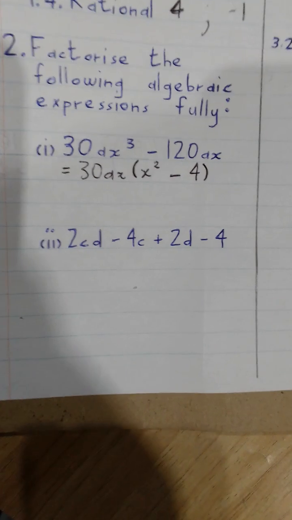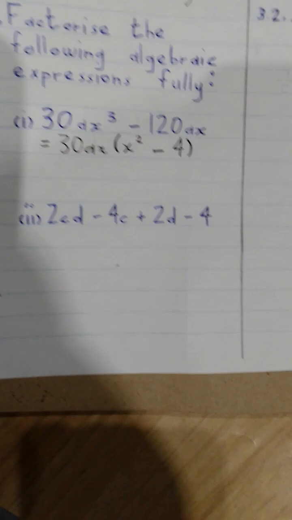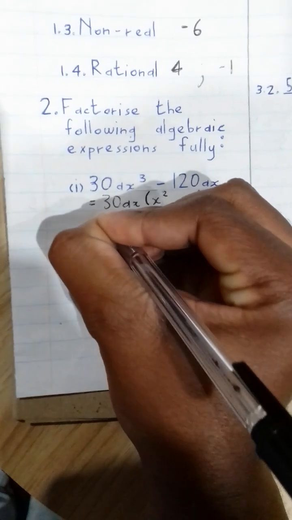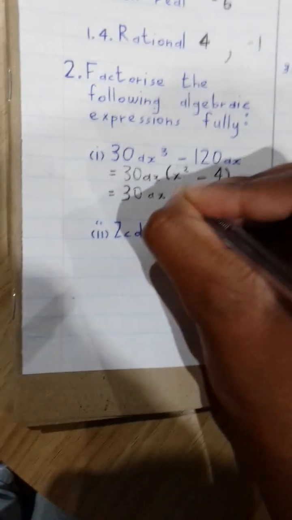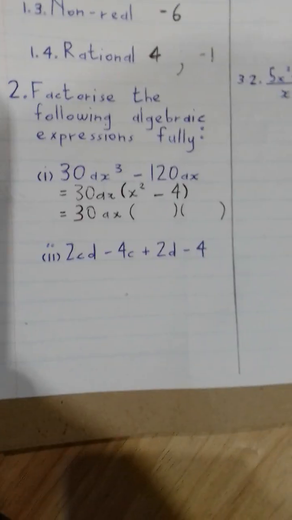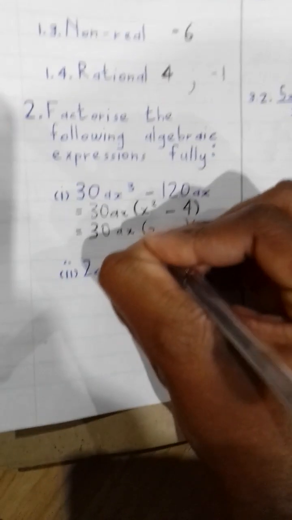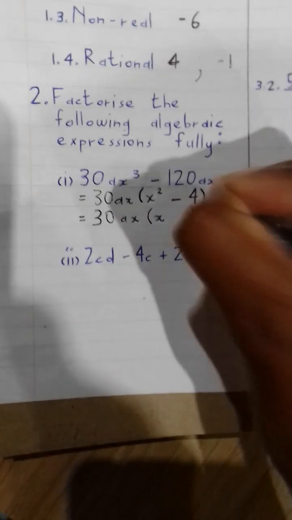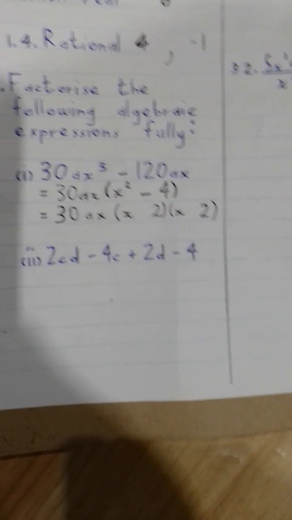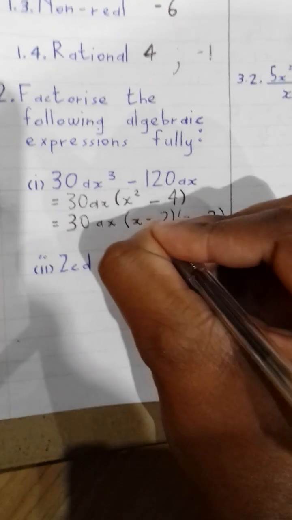But you should notice that in the bracket you have a difference of 2 squares. So this is going to be 30ax, the square root of x squared is x, the square root of 4 is 2. Then one bracket will be positive, the other will be negative.